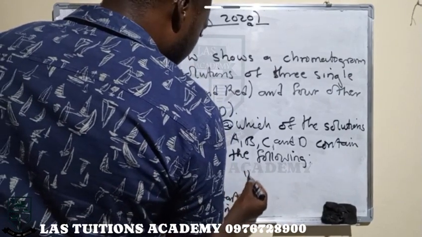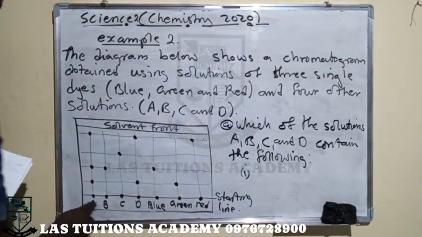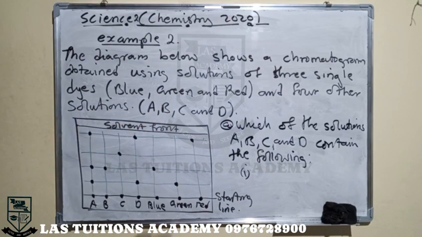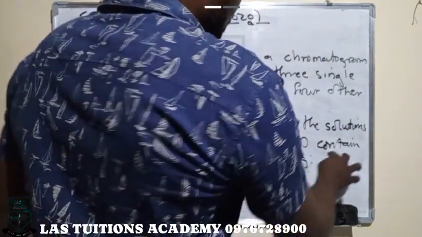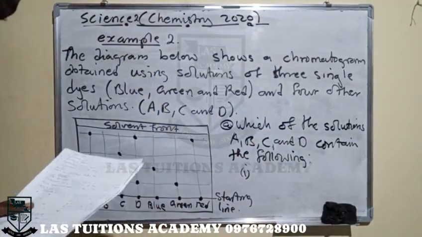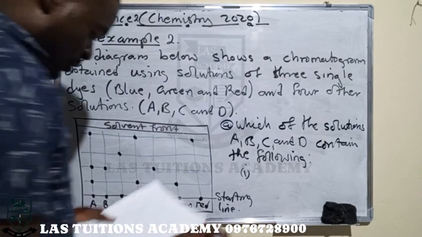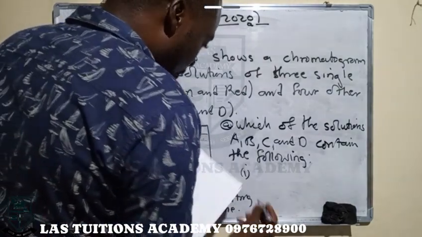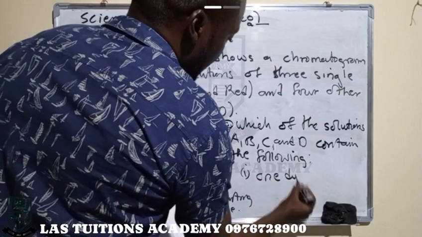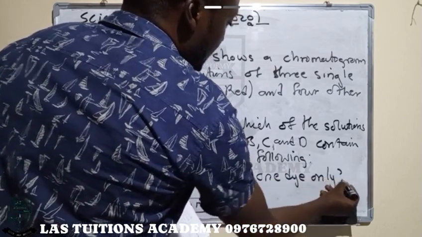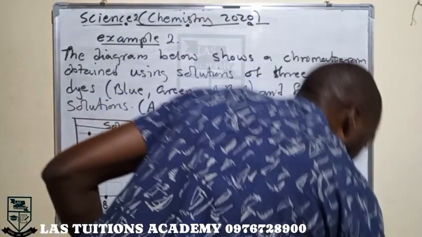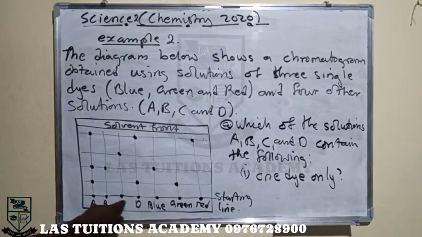So part 1, which one of these solutions A, B, C, D contains one dye only? So between A, B, C, and D, when you look here, which one contains one dye only?